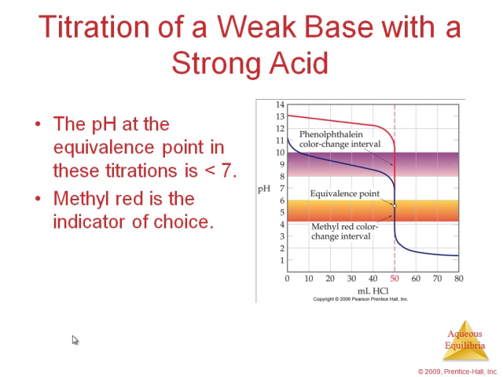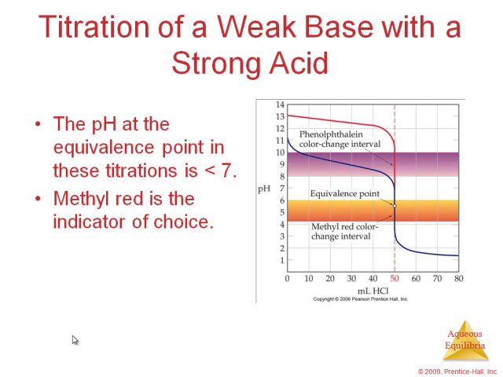Like ammonia, the cation of the weak base ammonia is the NH4 plus ion. Then cations are usually acidic. Remember that part from last chapter at the end? We learned anions are basic and cations are acidic. So the pH is going to be slightly less than 7 at the equivalence point. That makes sense now? Okay.